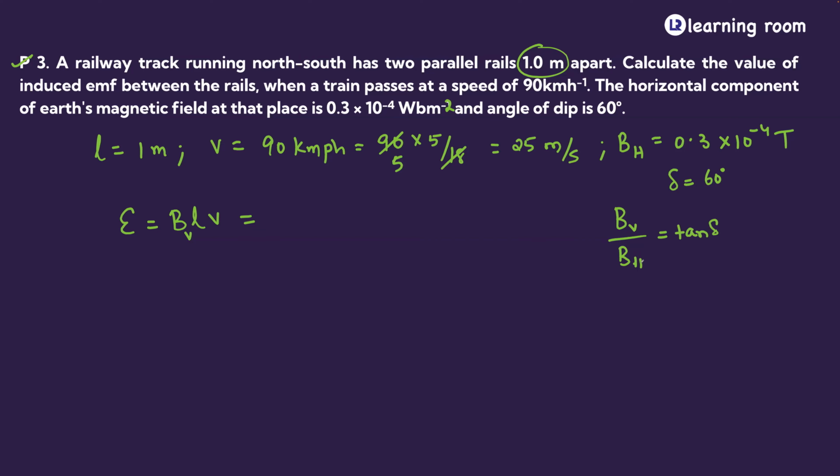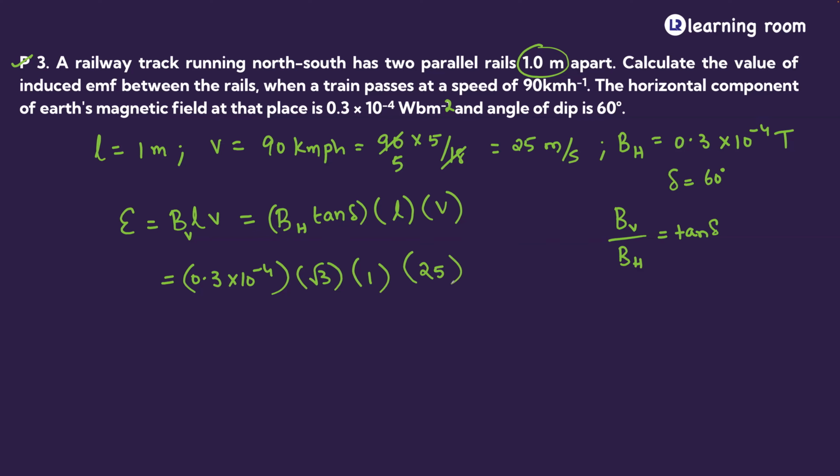So B vertical should be equal to BH times tan delta, into length into speed. So BH is 0.3 into 10 power minus 4, into tan 60, which is root 3, into the length, which is 1 meter, and the speed is 25 meter per second.